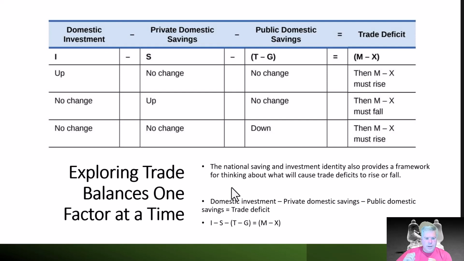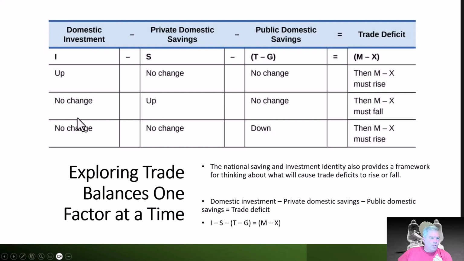Domestic investment minus private savings minus public domestic savings, which is taxes minus government spending, equals the trade deficit. So if domestic investment is up and there's no change in private and public domestic savings, then imports minus exports must rise. So essentially the trade deficit has to go up.